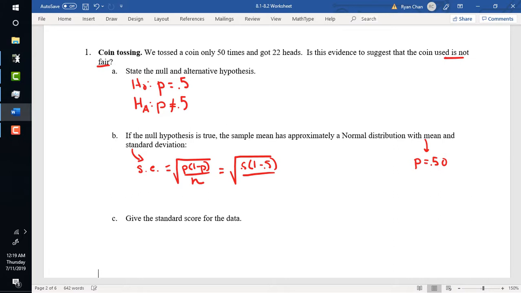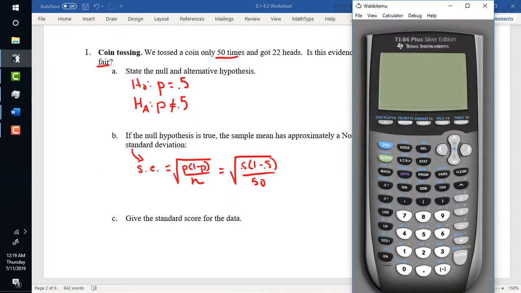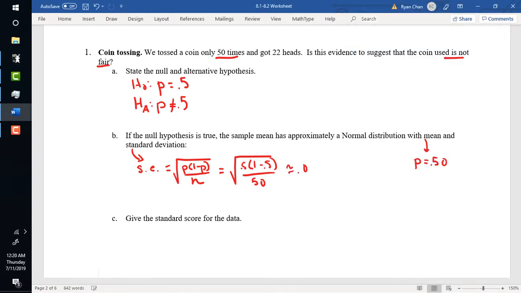My N is equal to 50, because I have 50 trials. And this is approximately 0.0707. So this is my standard error.